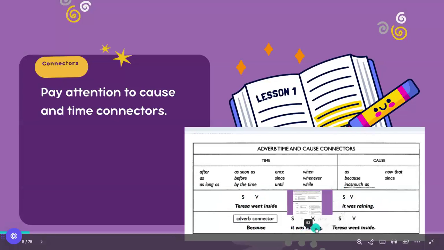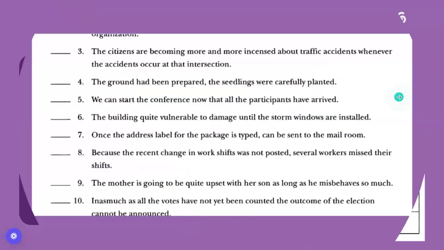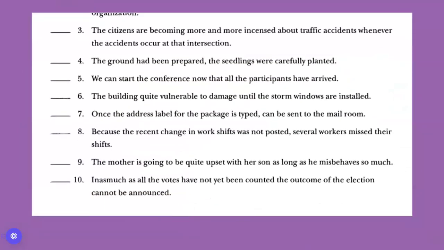Very importantly, in this structure, the comma will separate the two clauses. When the connector is in the middle, the connector is the one that divides the clauses. Okay, now let's do this exercise all together. Let's identify if the sentences are correct or incorrect.